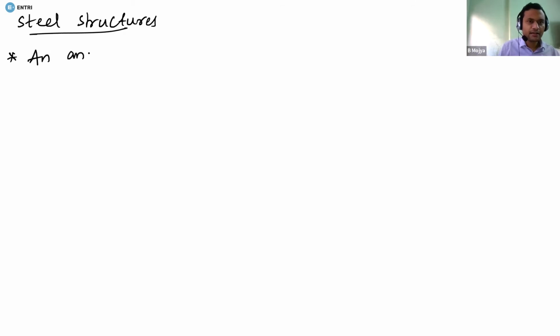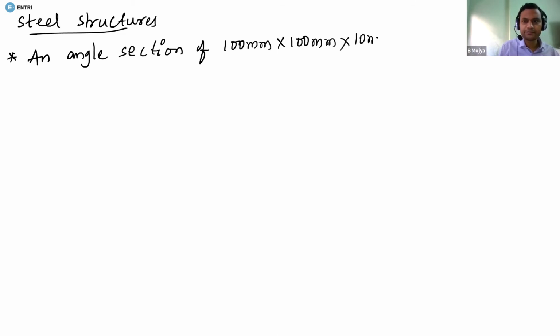An angle section of 100 millimeter by 100 millimeter by 10 millimeter.